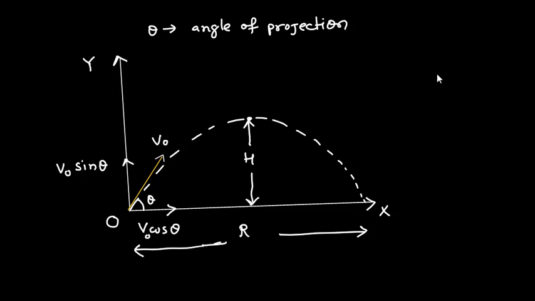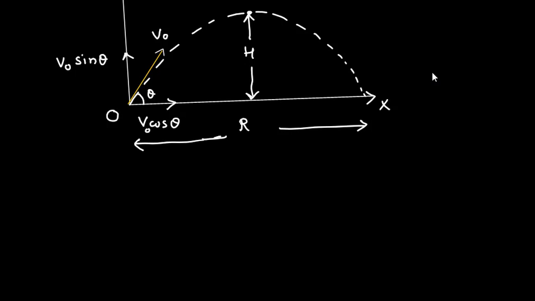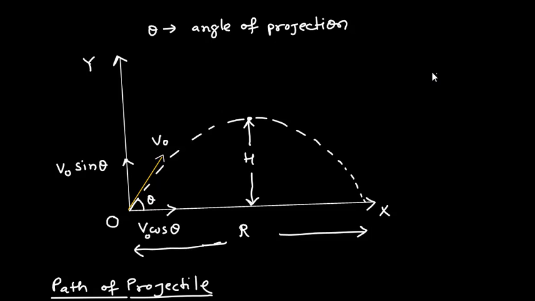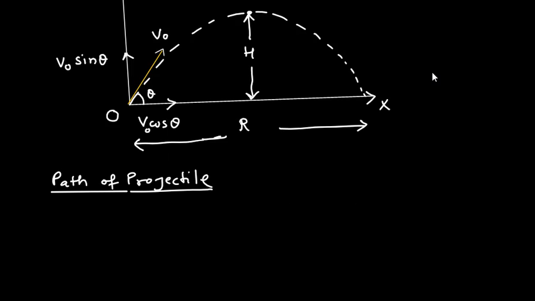Now, let us discuss the path of projectile. So, we need to analyze what kind of path a projectile has to follow. So, here in this, let's consider the horizontal component, and we know that horizontal component is V naught cos theta.